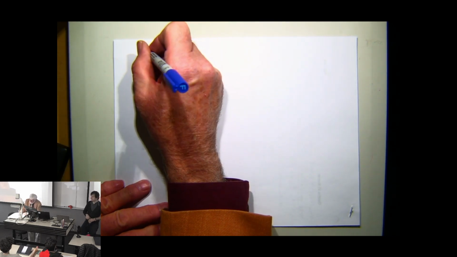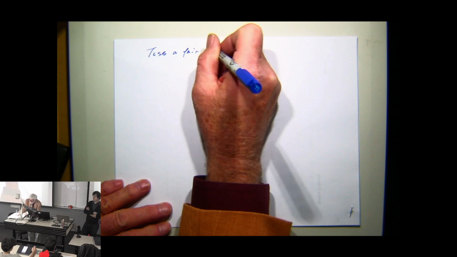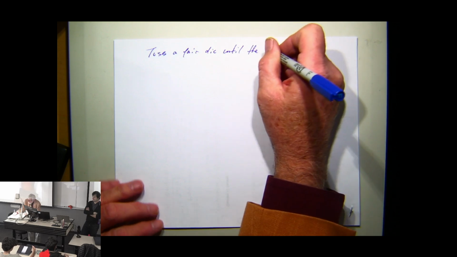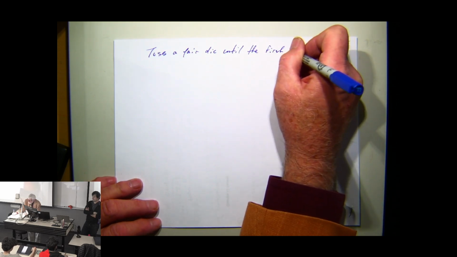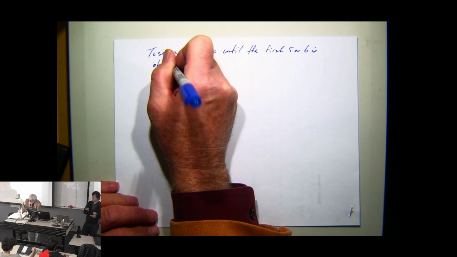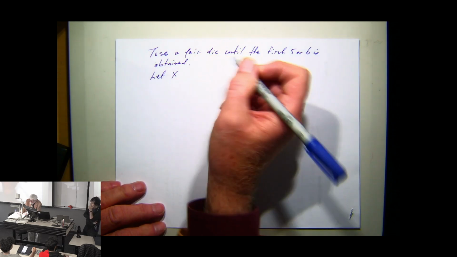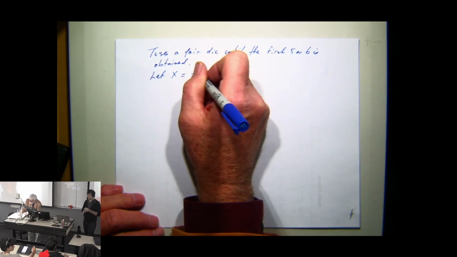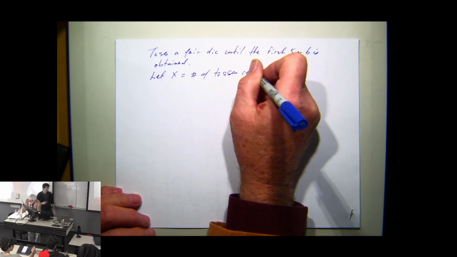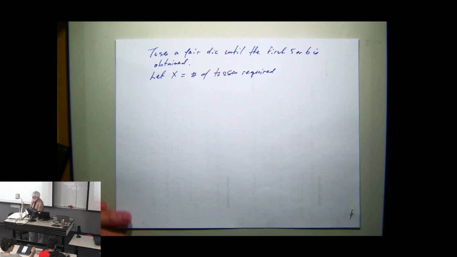Okay, we're going to toss a fair die until the first 5 or 6 is obtained. Let x equal the number of tosses required to get that first success.